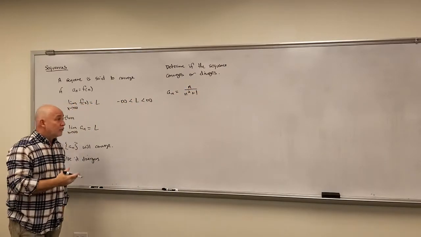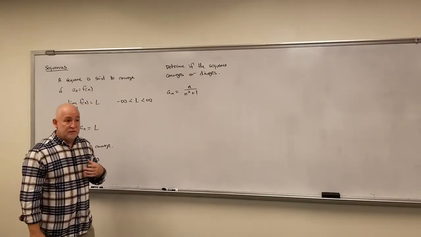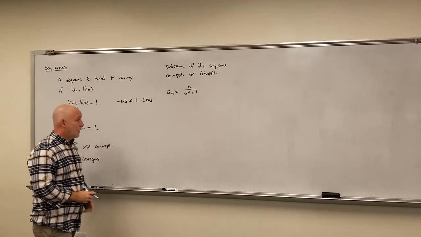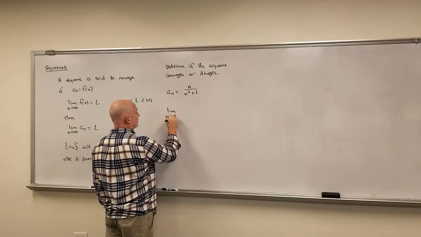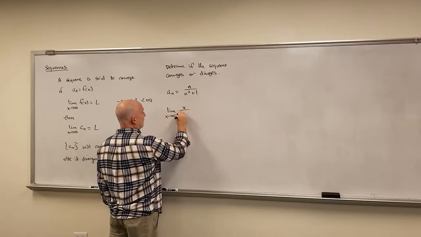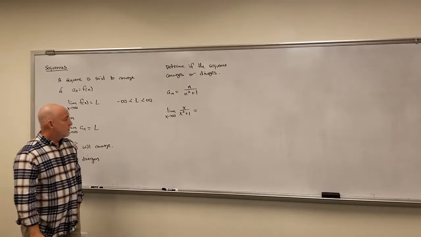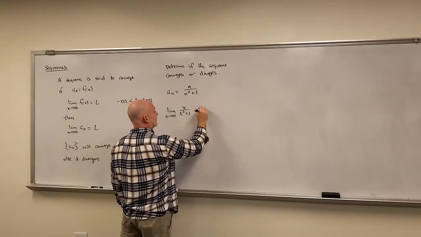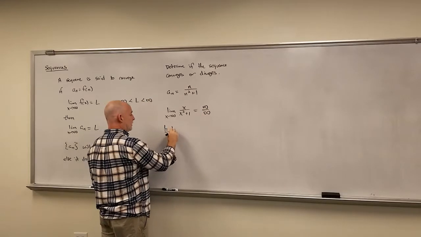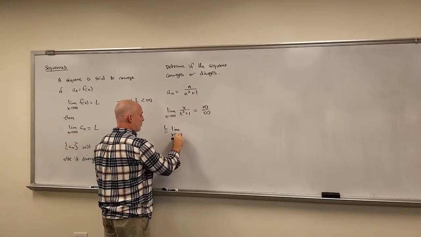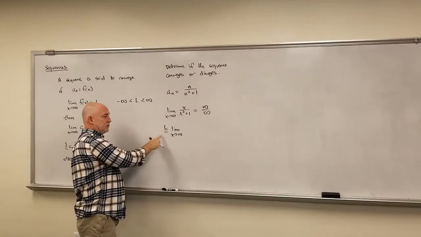Now here's the great news. We actually don't need to write out terms in this sequence to determine whether or not this sequence converges or diverges. Really all we have to do is take a look at the limit as x goes to infinity of x over x squared plus 1. Well, if we try to do this, we can see that this is infinity over infinity, so we can say this is equal by L'Hopital's. See, L'Hopital's only works on a continuous variable generally, that's why we switched over to x's.